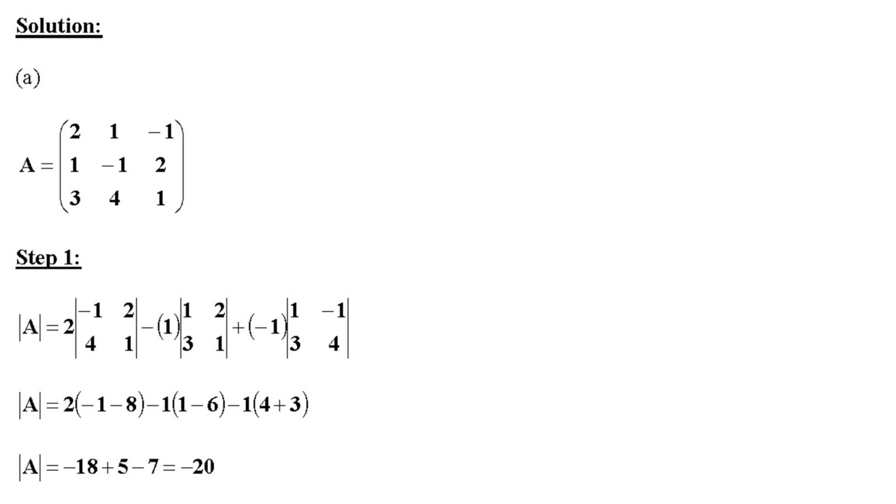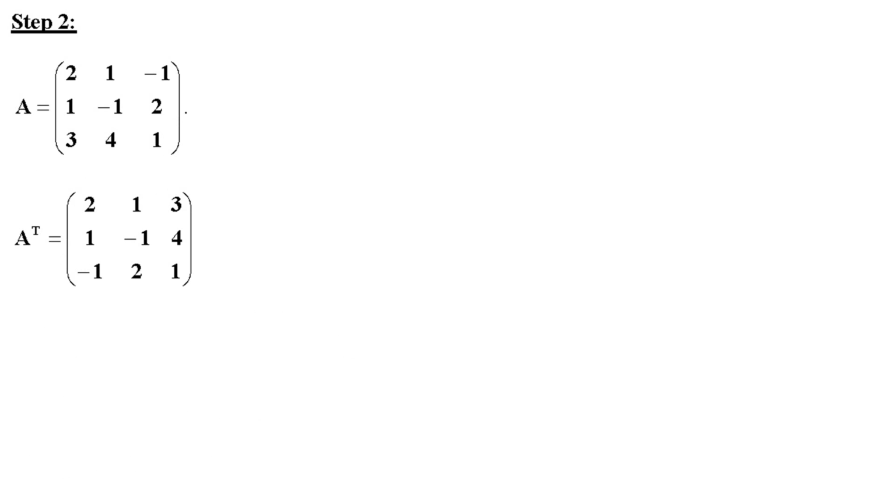I worked out the determinant using the first row of this 3x3 matrix. And remember, the signs associated with the first row are plus, minus and plus. So I use the first row to work out the determinant, and the determinant of A should be minus 20.